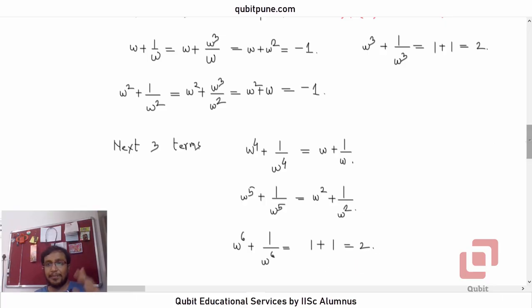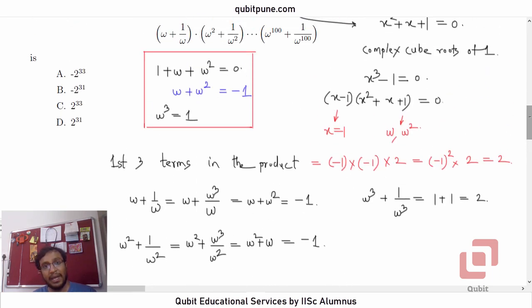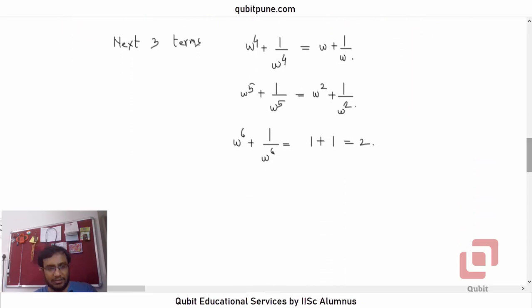So if we group all these terms into groups of 3 each, then we have 33 such triplets, starting from omega plus 1 upon omega till omega raised to 99 plus 1 upon omega raised to 99. If you group them in 3 each, then there will be 33 groups.